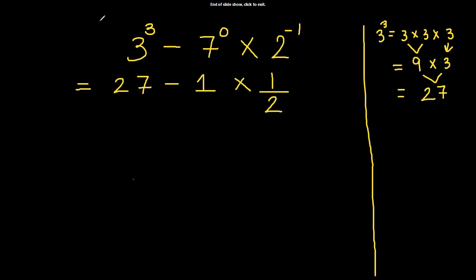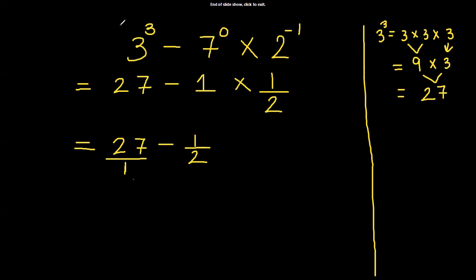So we have 27 over 1, minus 1 times 1 over 2, which is 1 over 2, all over 1.